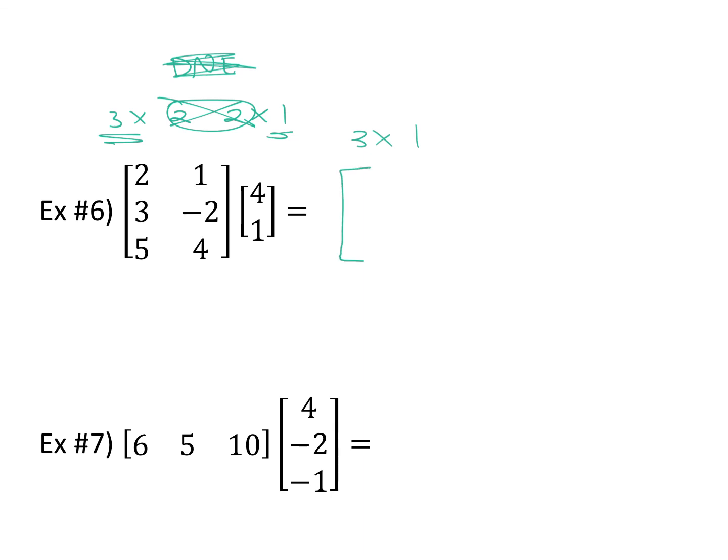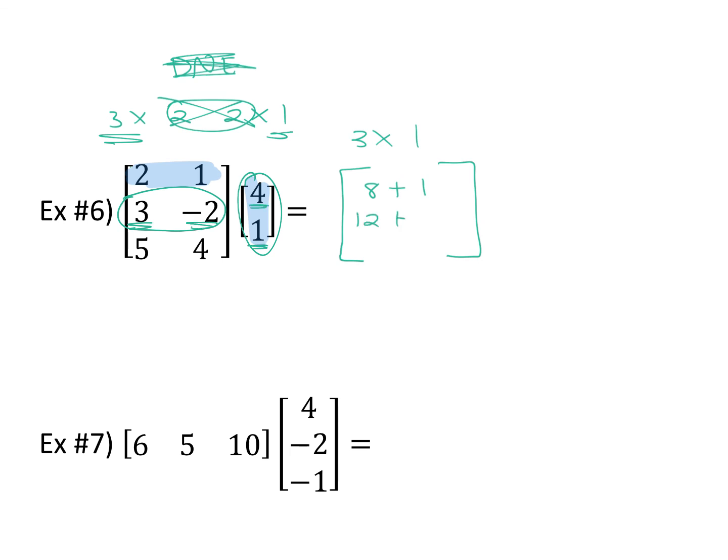Okay, so you take first row, first column. So it's going to be 2 times 4 is 8. 1 times 1 is 1. You're always adding. So 8 plus 1, okay? Second row, first column. So 3, negative 2, and 4, 1. You're going 3 times 4 is 12.